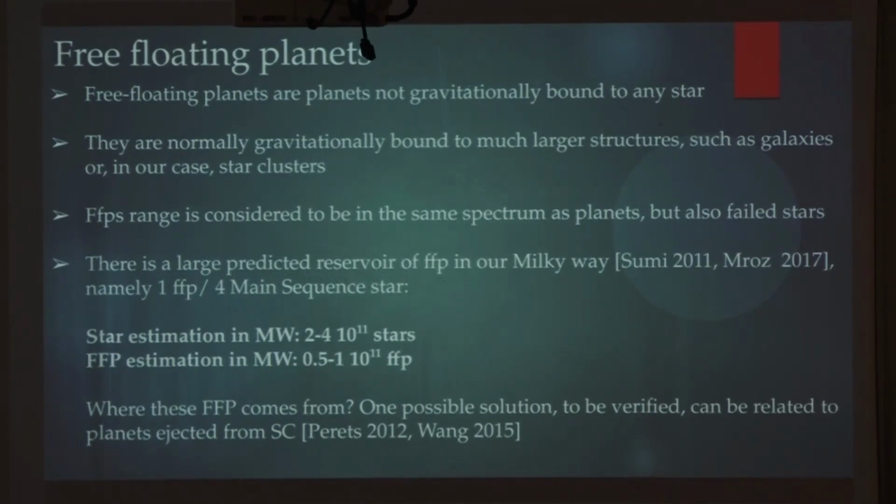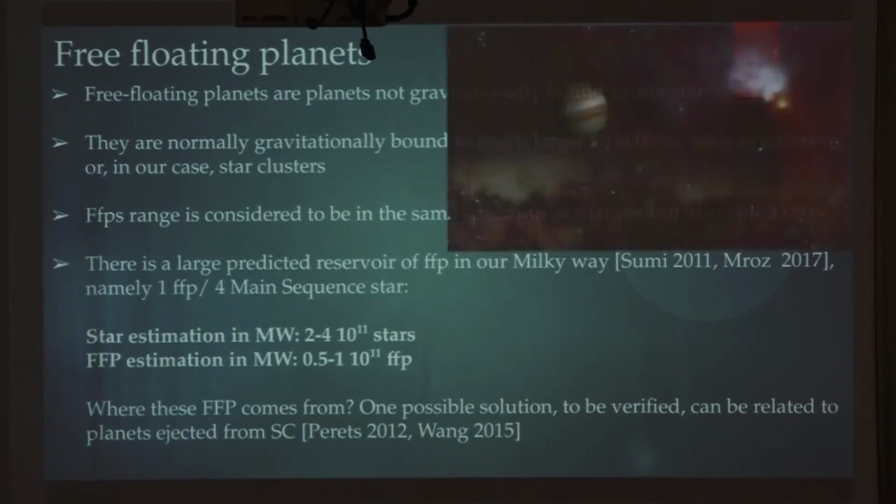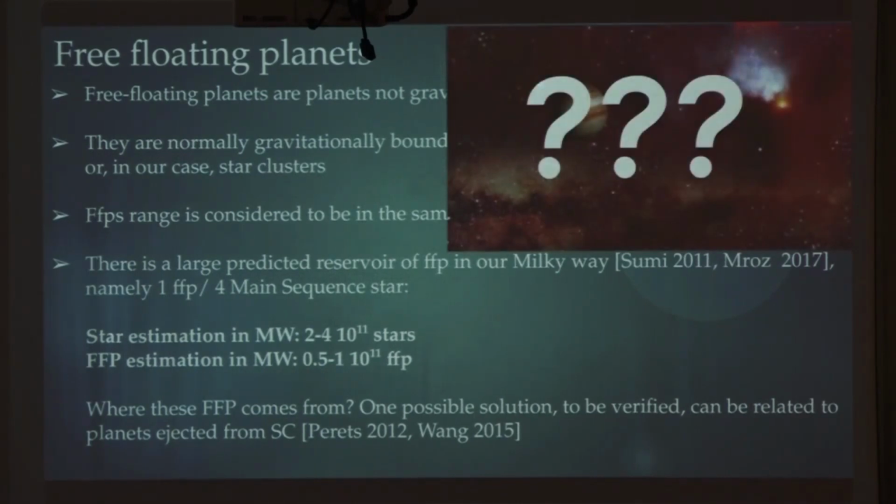However, it's very difficult to find them because we need to see where the effective free-floating planets are coming from. This is because they are predicted, there are quite a lot, but it's difficult to observe them. But there are some studies in recent years which found a large reservoir of around 600 candidates, which are still to be confirmed as free-floating planets.